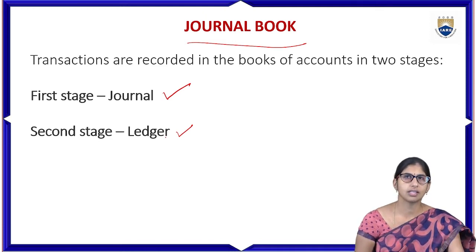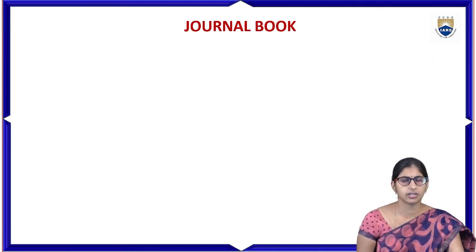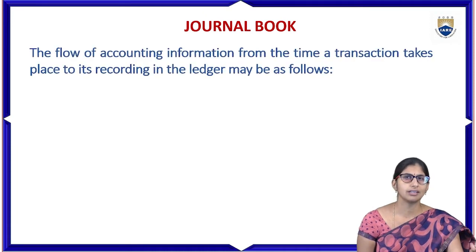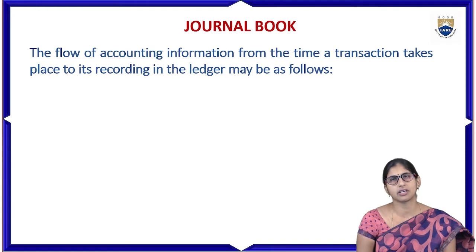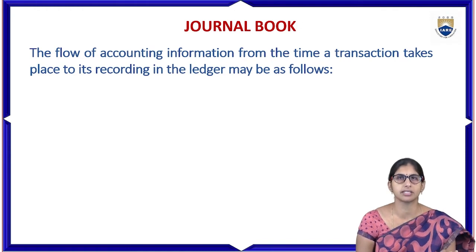So let's move on with the journal book. Here there is a flow of accounting information. First of all, some business transaction has to be incurred in the business.